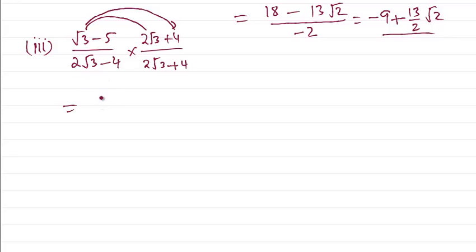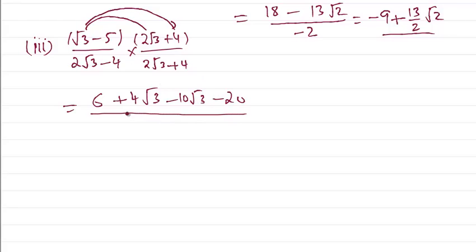So that gives you 6 plus 4 root 3. Then you're going to multiply everything in the second part here by minus 5, so it'll be minus 10, then minus 20.